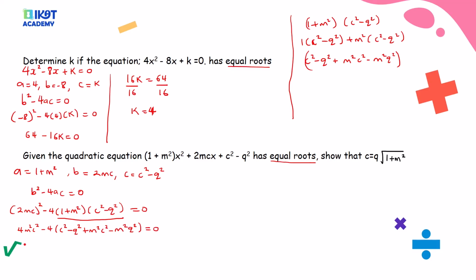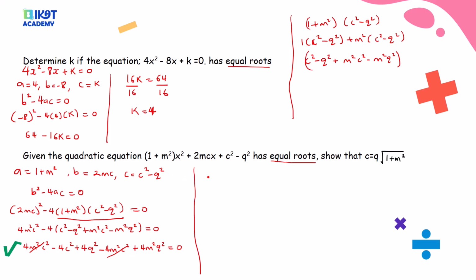So here what do we have? We have 4m squared c squared minus 4c squared plus 4q squared minus 4m squared c squared plus 4m squared q squared is equal to 0. So this goes with this.